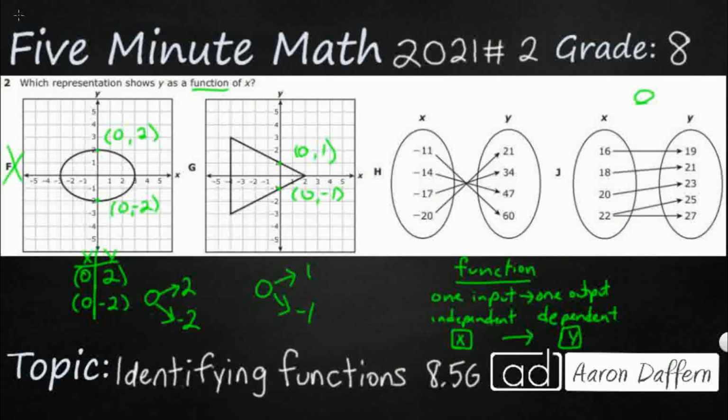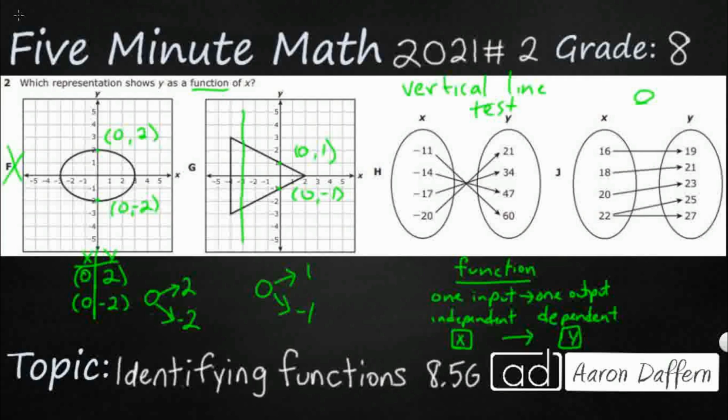So when you're dealing with graphs, it's actually very easy to figure out whether you have a function or not, because you can do what we call the vertical line test. Right? So a vertical line is when you draw a line straight up and down, but really that's the same x.